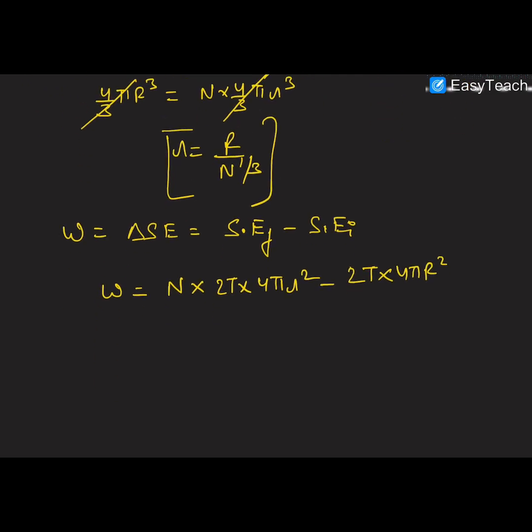Now we can say that the work done will be 8 pi T small r square, which is capital R upon n to the power 1 by 3, so it would be R square upon n to the power 2 by 3, and into n, minus 8 pi T R square.